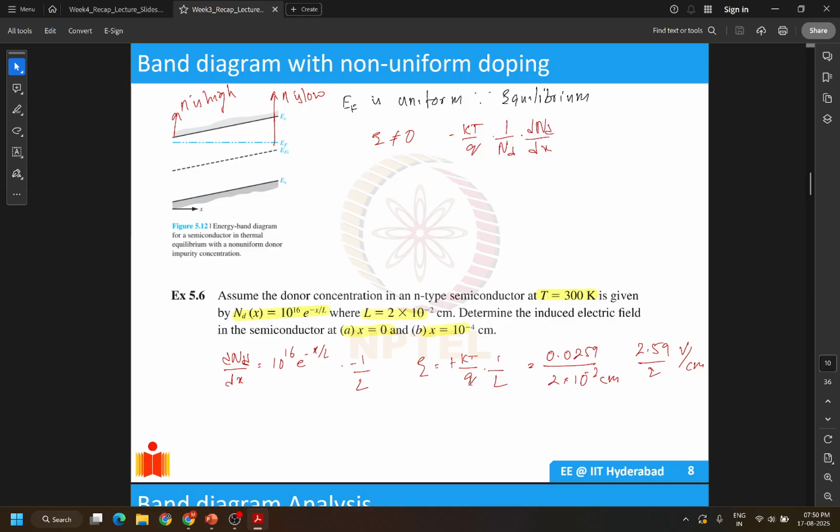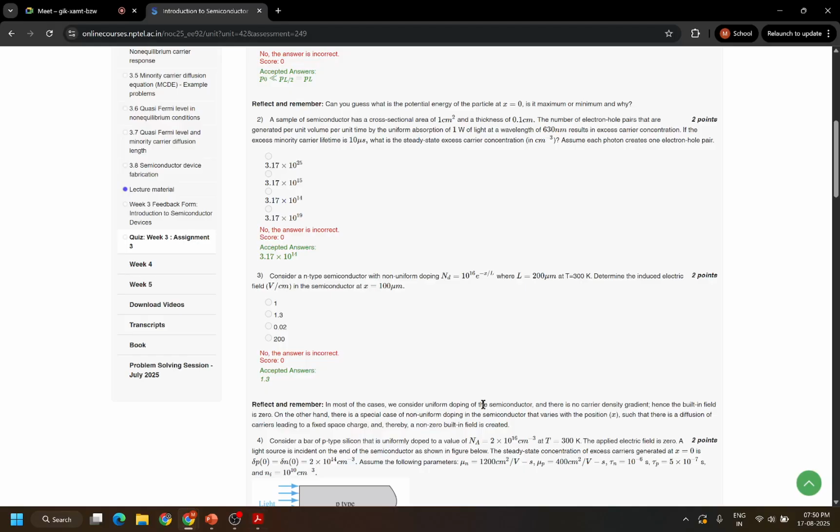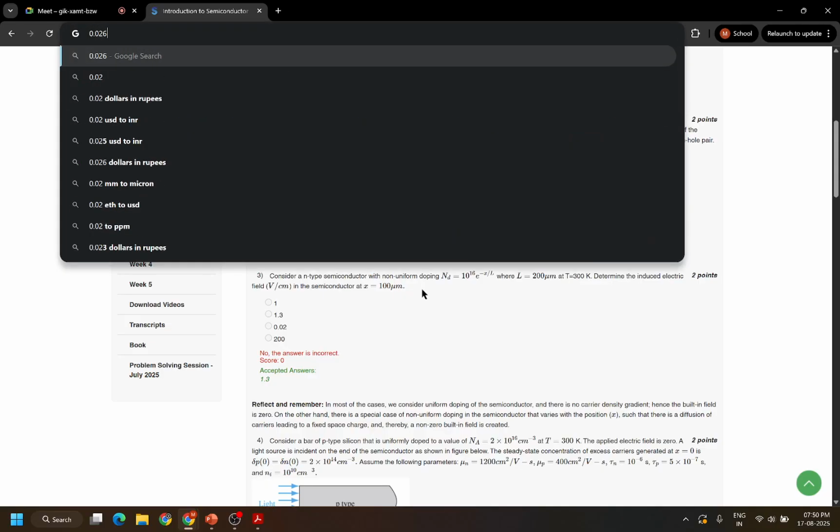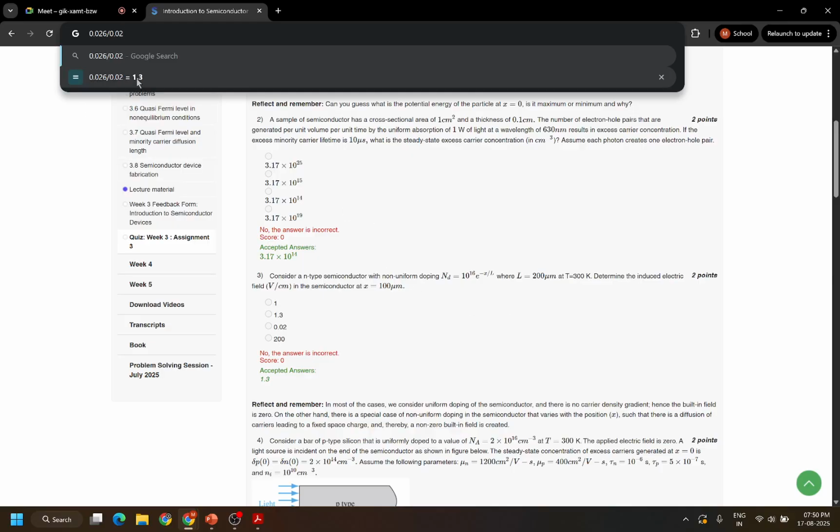So kT by q is your 26 millivolts, and L is your 200 microns. So it will be 0.026 divided by 200 microns, which is 0.02 centimeters. So divided by 0.02 centimeters, it comes out to be 1.3 volts per centimeter, which is given here, 1.3 volts per centimeter.